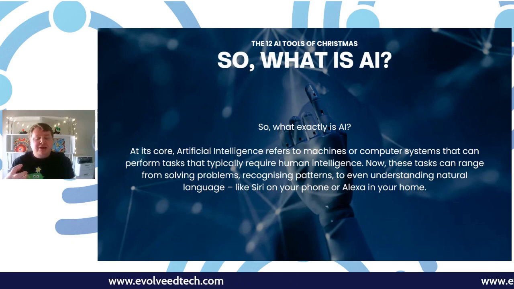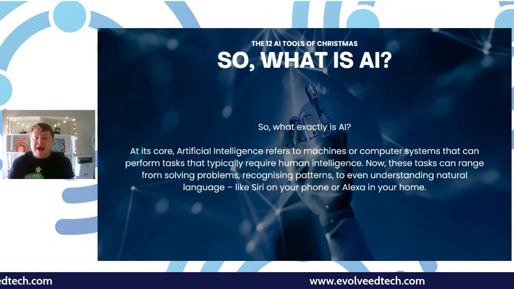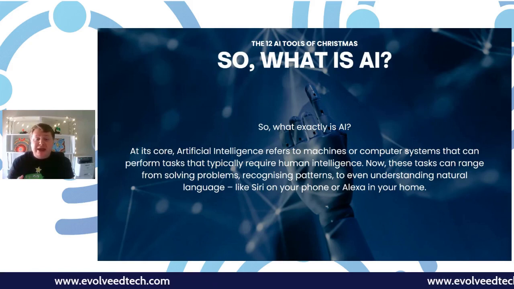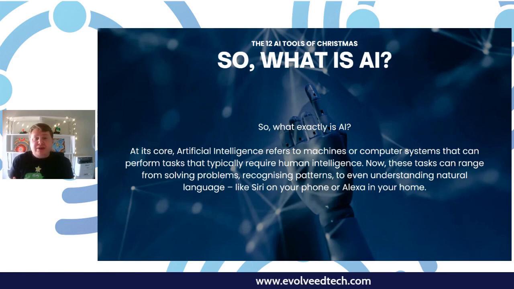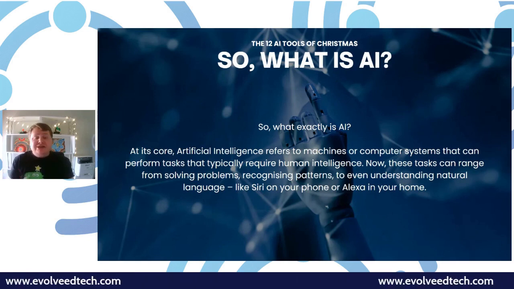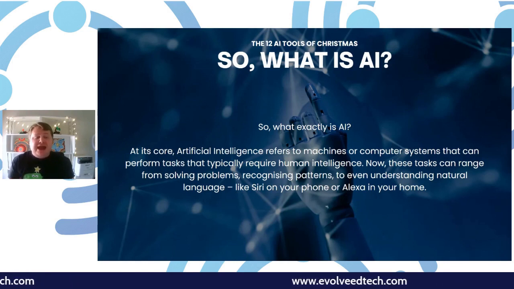So now we are looking at tasks from problem solving, recognizing patterns, even understanding natural language that can be solved by artificial intelligence. Things like Siri on your phone and Alexa are examples of AI that's already in your life.